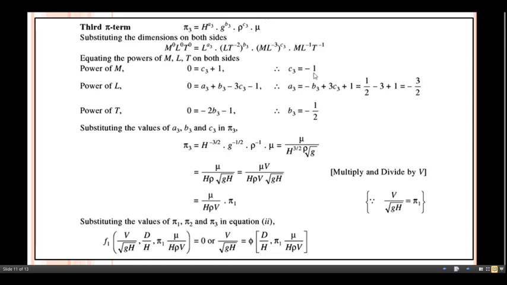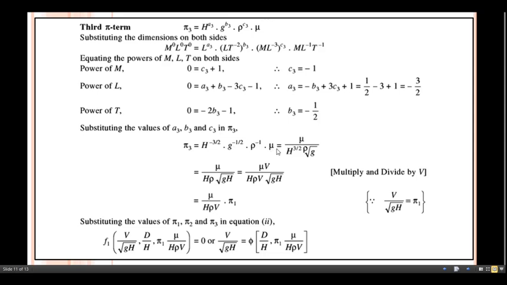Substitute for a3 as minus 3 by 2, then g raised to b3 means minus half, then rho raised to minus 1.